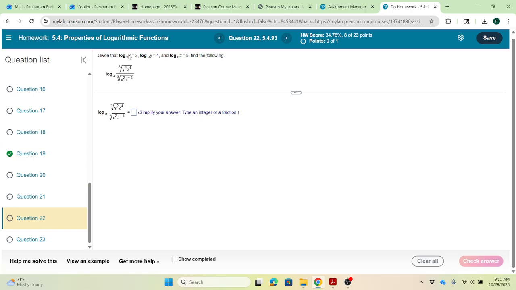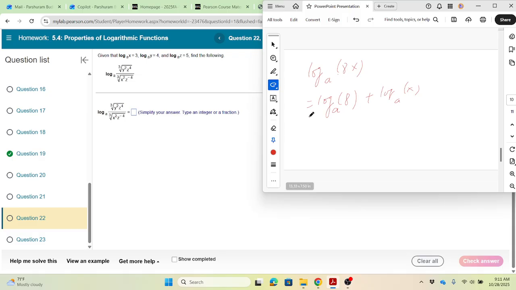Okay, given that log base a of x is 3, log base a of y is 4, and log base a of z is 5, find the following. First of all, you have to expand this, and you have to express this expression in terms of log base a of x, log base a of y, and log base a of z. So how do you do that?